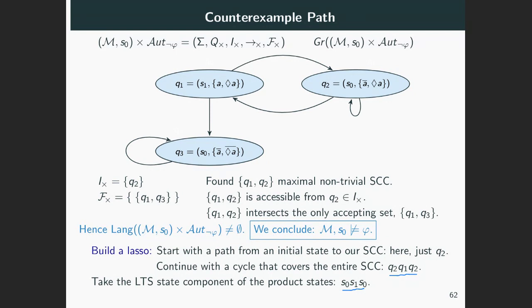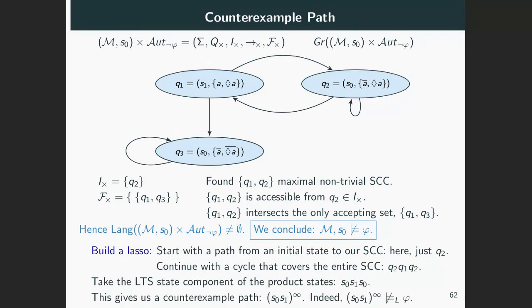These are the states in the LTS. And then we repeat infinitely the cycle part of the lasso. Here, we obtain the path S0, S1 infinitely. And indeed, this path is our counterexample for phi.